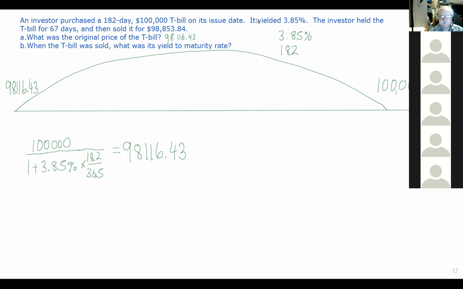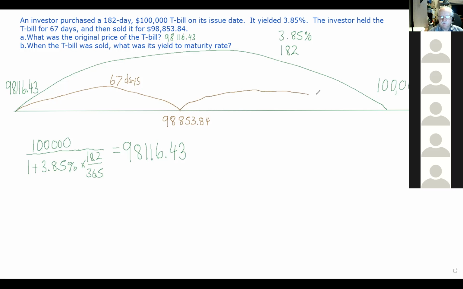And now we have another situation. It was sold. So the investor held it for 67 days. And they sold it for 98,853.84. And they're going to buy this piece of paper here.